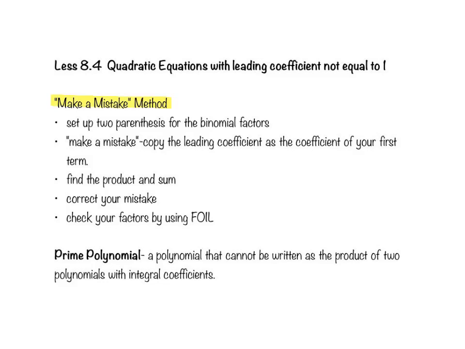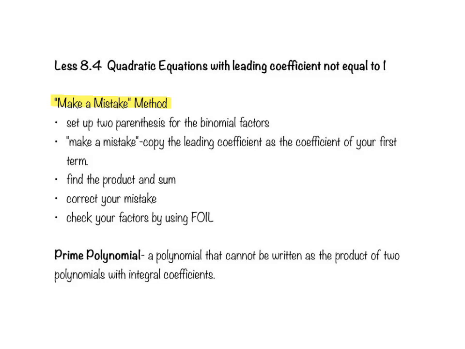So here are the steps that you will follow. Number 1, for the make a mistake method, you will set up 2 parentheses for your binomial factors, just like you do with quadratic equations with leading coefficients of 1. Then you're going to make a mistake. You're going to copy the leading coefficient as the coefficient of your first term in each binomial, which is an obvious mistake.